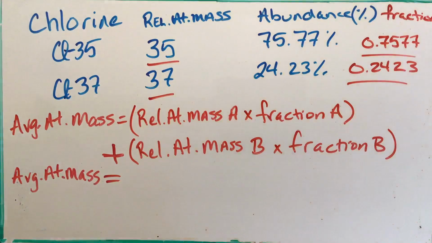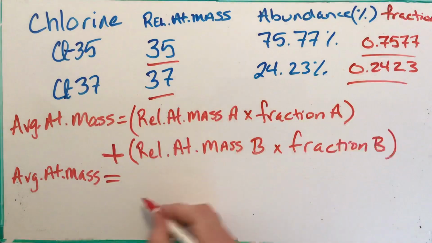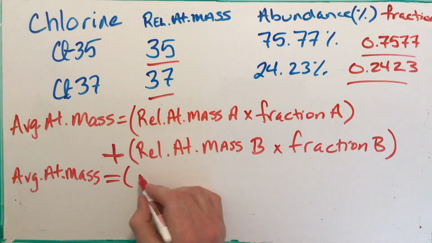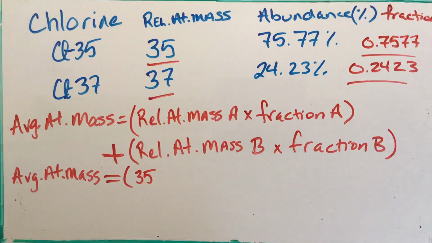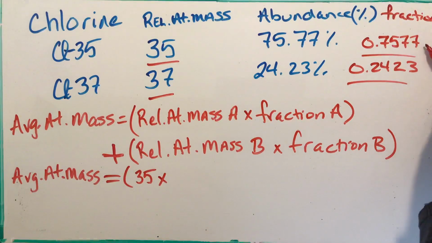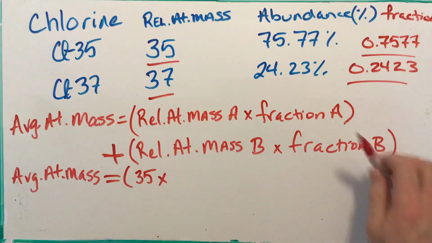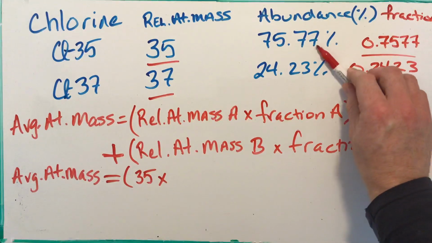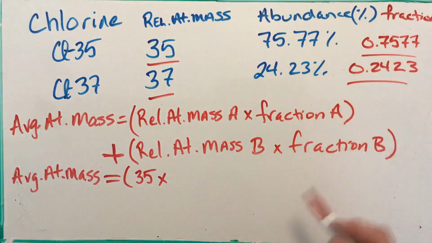Now, if I sub in my values, for my first isotope, my relative atomic mass is 35. I'm going to multiply that by my fraction. Common mistake, people putting this in. Make sure it's in fraction.